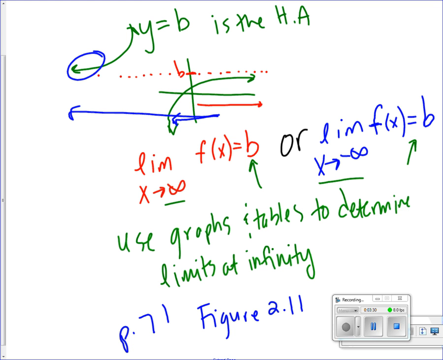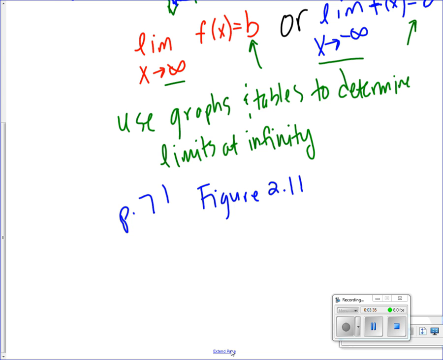The question here is, what table settings do you have to use in order to be sure about the limit at infinity? Think about what your table start could be or what your delta table could be, and how you're going to be able to figure that out.